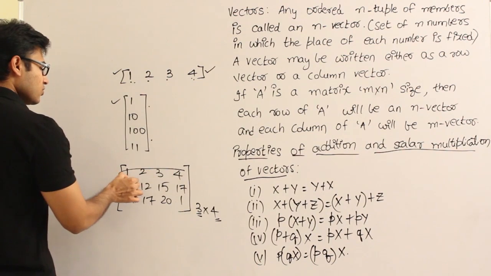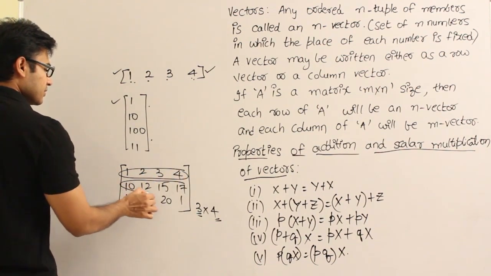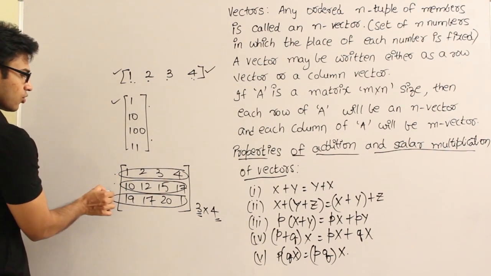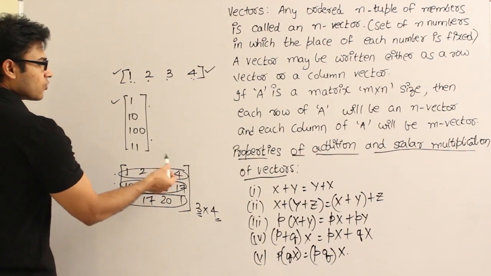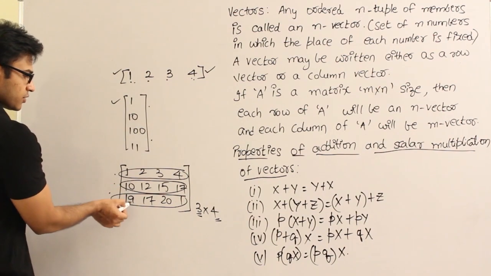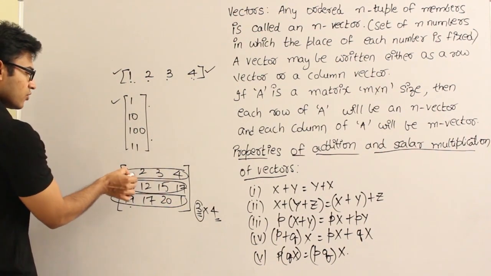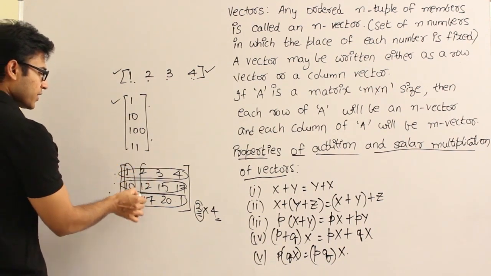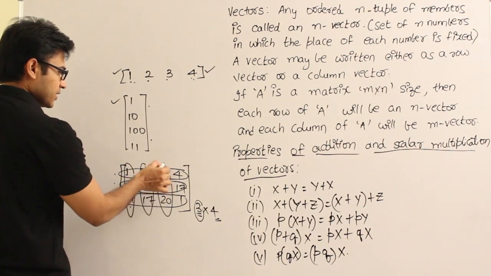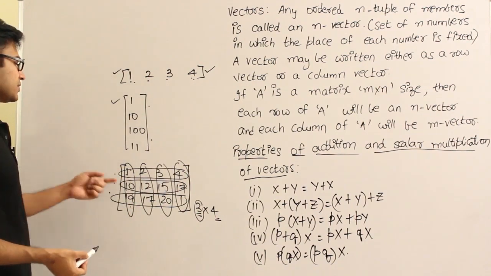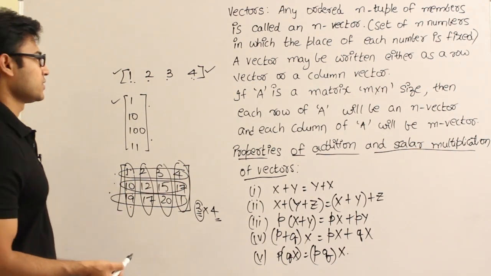Therefore there are 3 row vectors, each of size 4. Similarly, how many columns are there? 4 columns. What is the size of each column? 3. Therefore there are 4 column vectors, where the size of each column is 3 elements. That is what they wanted to say here.